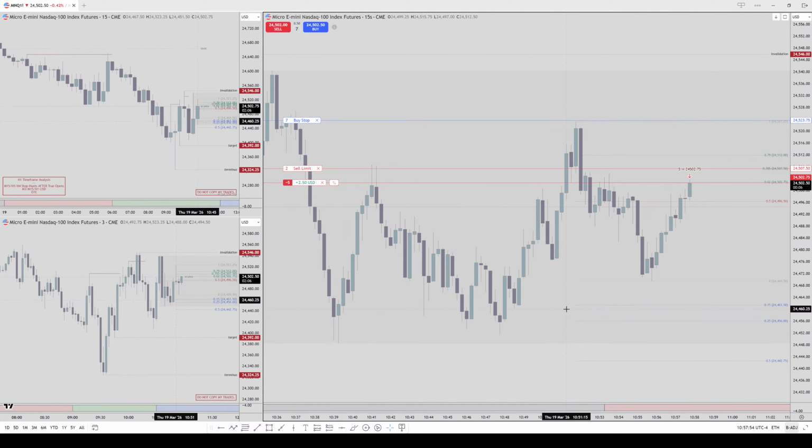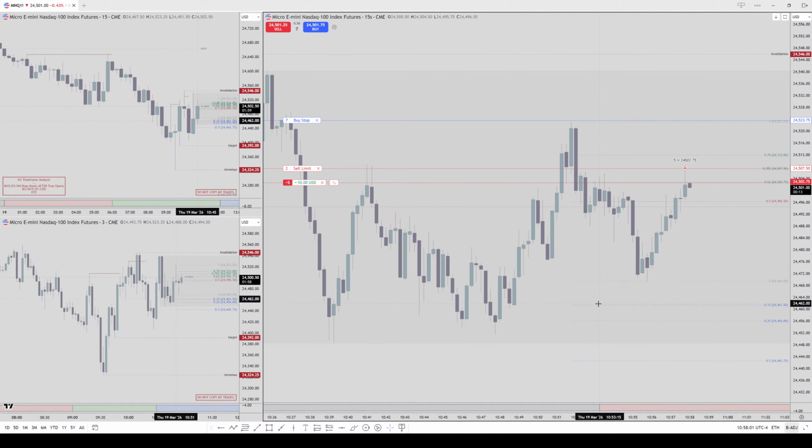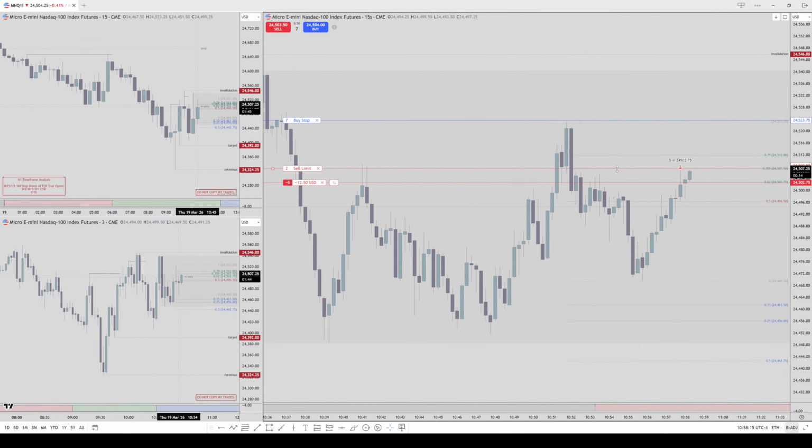Okay, so now I'm tagged in. We took out the highs but did not trade into 705 just yet. Okay, now that we are fully filled, I'd like to see this order block hold the price.